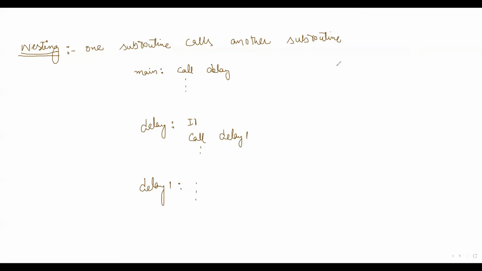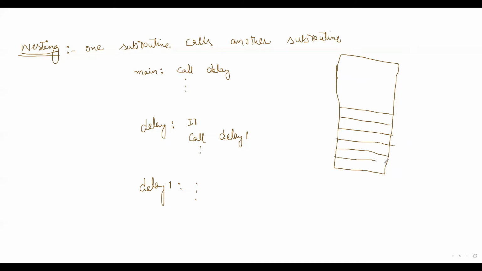So see what will happen in the stack. Let's suppose this is my stack pointer initially here. At the end of this delay, we will have return. At the end of this delay, we will have return. Let's suppose this is address 1000, and after this, the next address is 1003.